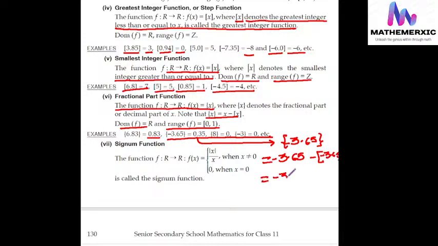It will be again minus this, in this form, and it will be positive because this will become minus 4, the smaller value, and plus 4, minus 3.65, so 0.35 is the answer here in this case.